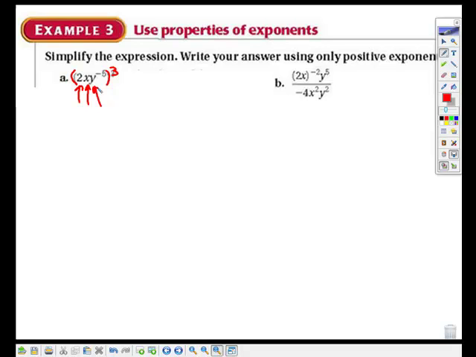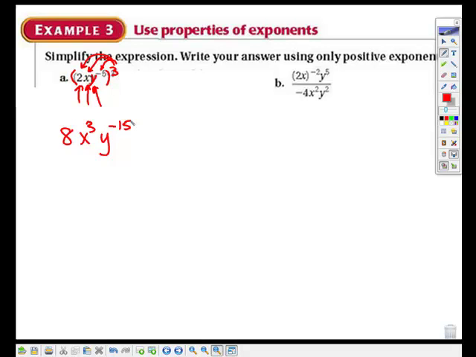So the 3 as an exponent should go to the 2. That would be 2 to the 3rd power, which is 8. The 3 should go to the x as a power, which will make it x to the 3rd power, and it should also go to the y, which is being raised to the negative 5th power, so we're going to have y to the negative 15th power.